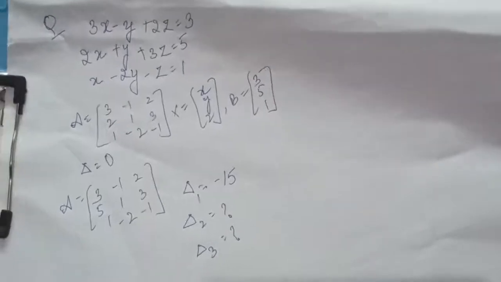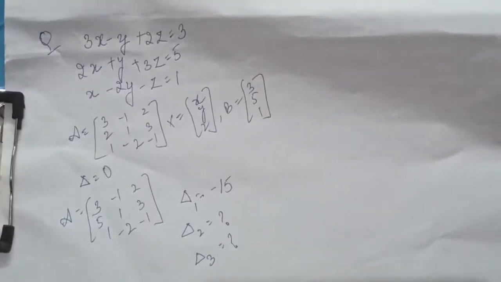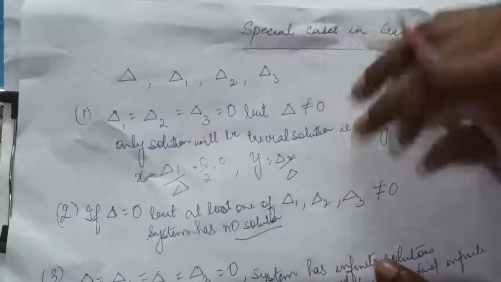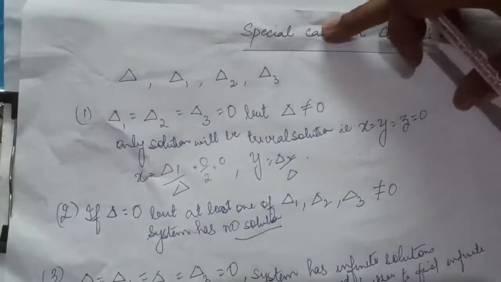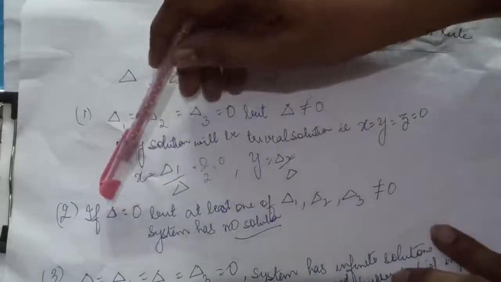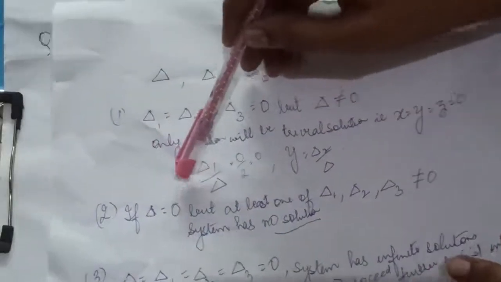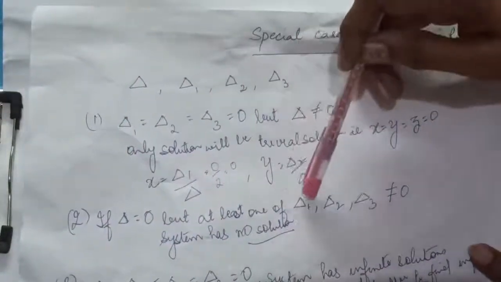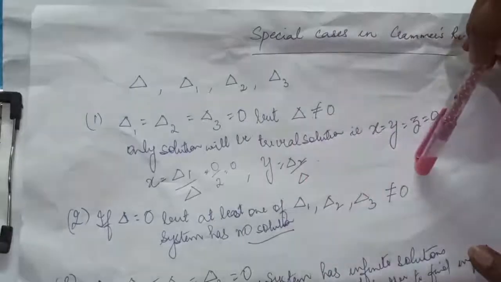But if I remember what we have written in the special cases, if delta comes out to be 0, as in this question, but at least one of delta 1, 2, 3 is non-zero.